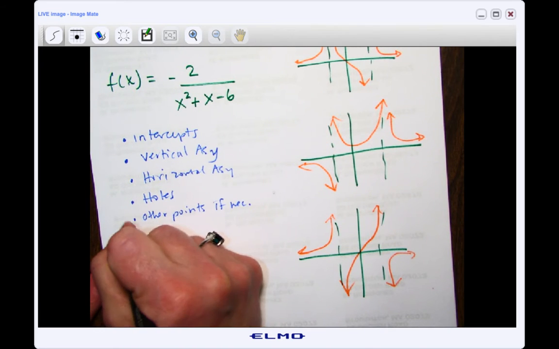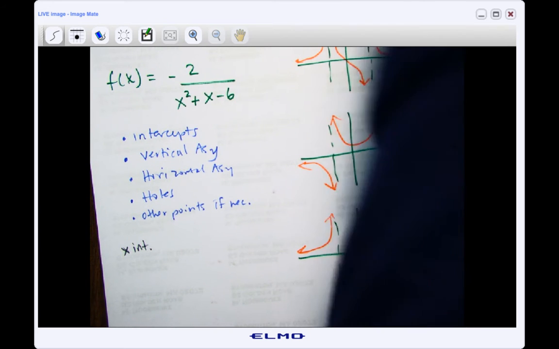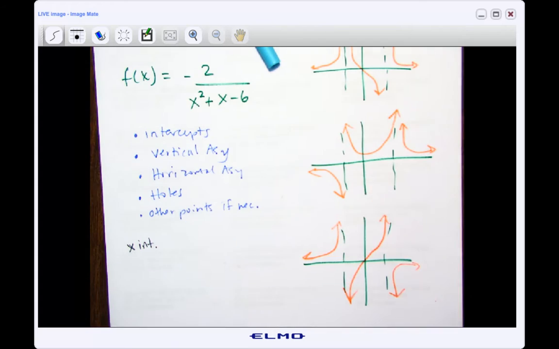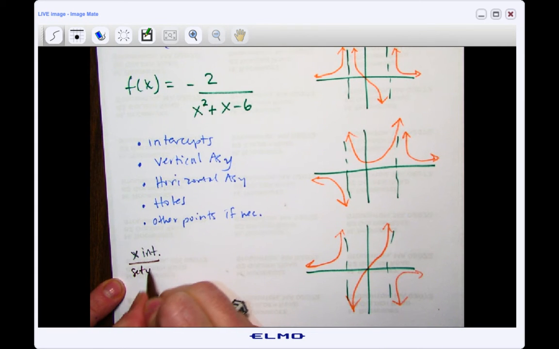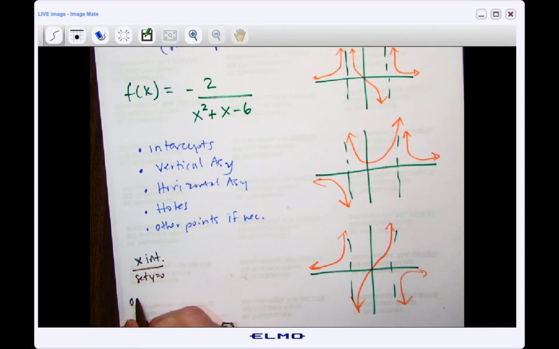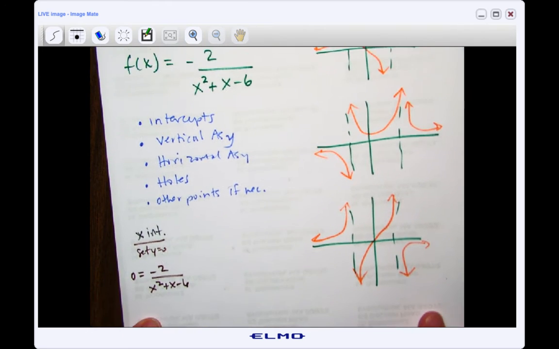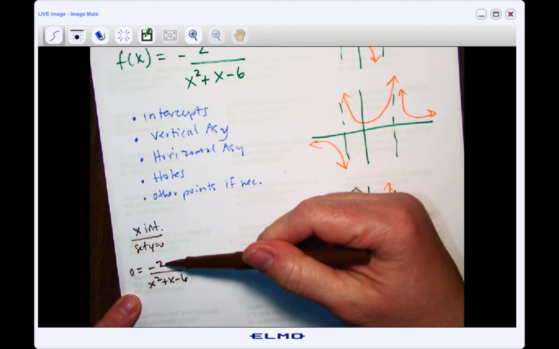So to find x-intercepts, my pens are all drying out from so much math work. Okay, so my x-intercepts, everybody knows in order to find x-intercepts, you set y equal to 0. Okay? So I say 0 is equal to -2 over x squared plus x minus 6. Now, hopefully everybody remembers that a fraction is equal to 0 when the top is equal to 0, right?